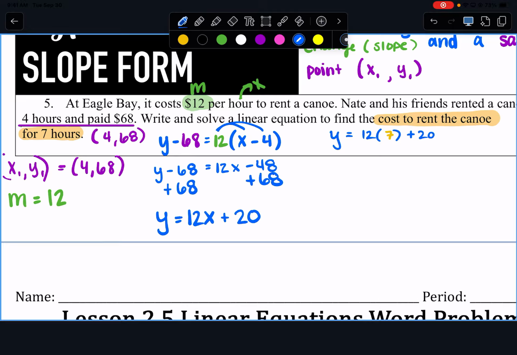What is 12 times 7? What is 84 plus 20? Now answer it in context of the question. It's 104 what? It is $104 to rent the canoe for 7 hours.